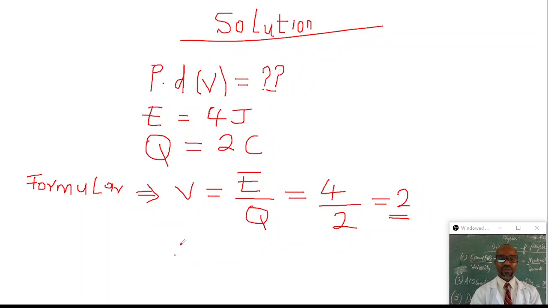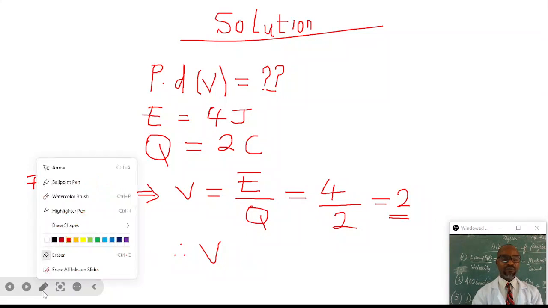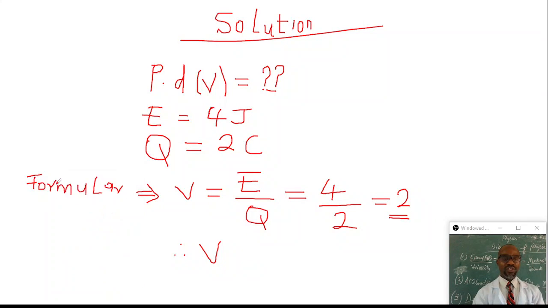Therefore, potential difference V. Let us correct something quickly. This is not supposed to be here. So potential difference V is equal to 2 volts, because potential difference is measured in volts.